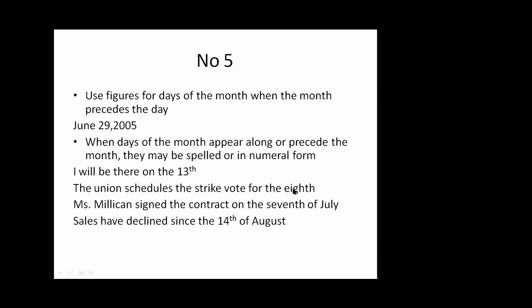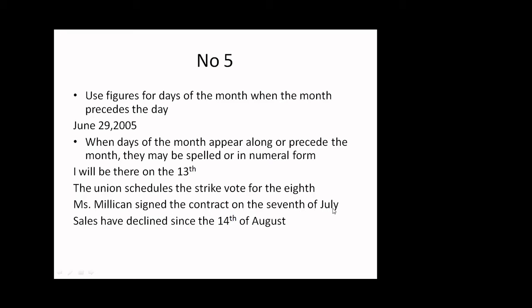I could have used the figure 8, or I can spell it out. Here also I can spell it out. And here also: Miss Millikan signed the contract on the 7th. I could have used 7 also, or the seventh of July. So it says it may be either spelled out or in numerals. Both can happen when the days are alone, or when it is before the month.